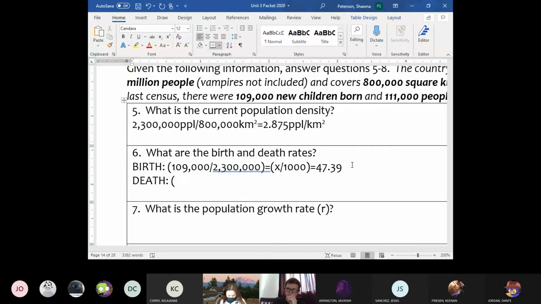All right, what about death rate? Oh no. I am like a 90-year-old man trying to type without having to use all the numbers at the top of the keyboard, so I'm sorry.